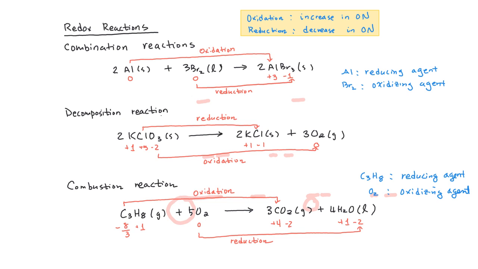We can say the oxygen underwent a reduction process. Since the carbon in C3H8 underwent the oxidation process, we can say that C3H8, the propane, is a reducing agent. On the other hand, oxygen could act as the oxidizing agent.